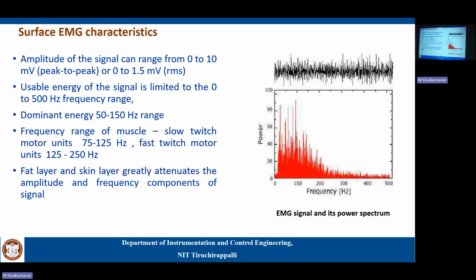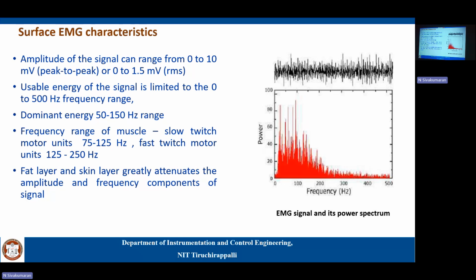Apart from that, you remember we were discussing how muscles are categorized into slow twitch and fast twitch. For example, we are able to stand for a long time, even 2 or 3 hours.